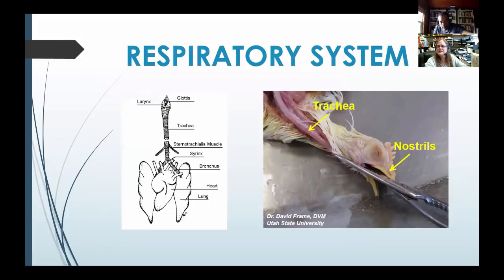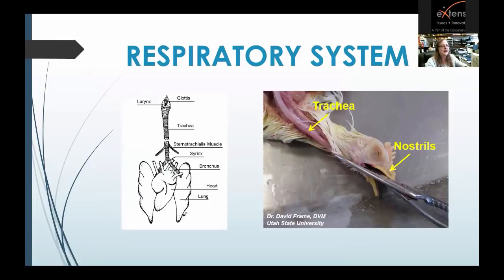The nostrils of the chicken, of course, lead into the nasal cavity. The oral cavity and the nasal cavity are interconnecting via the slit in the hard palate. Birds lack a soft palate. The larynx is on the floor of the pharynx, which is basically in the mouth.